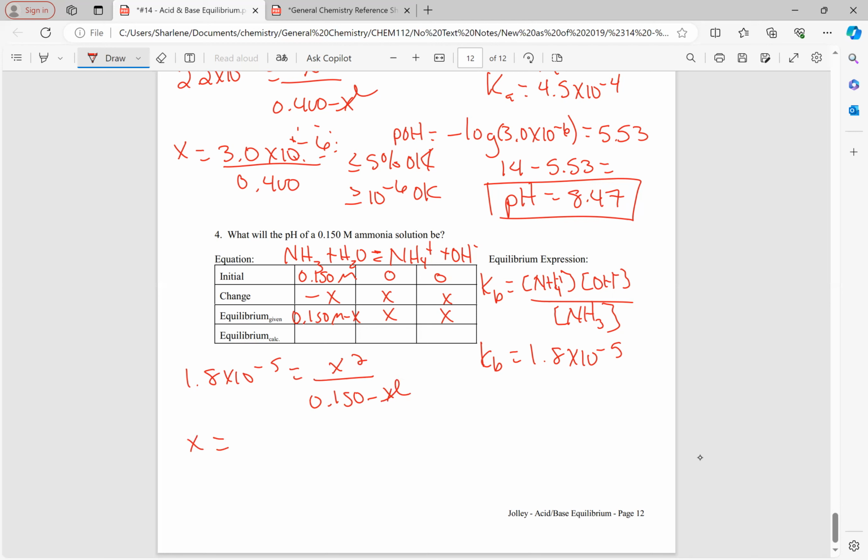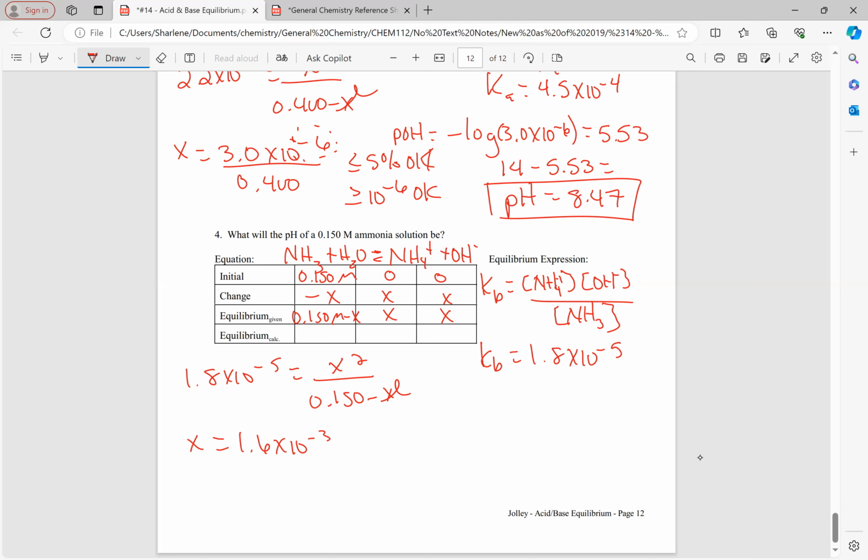My answer is 0.15 times 1.8 times 10 to the minus fifth, square root it. It's 1.6 times 10 to the minus third. Double check. Yep, 1.6 times 10 to the minus third.